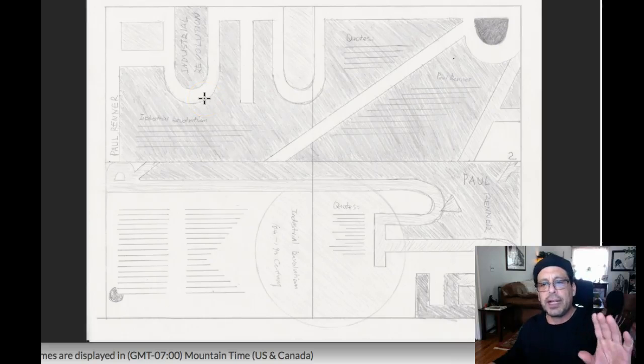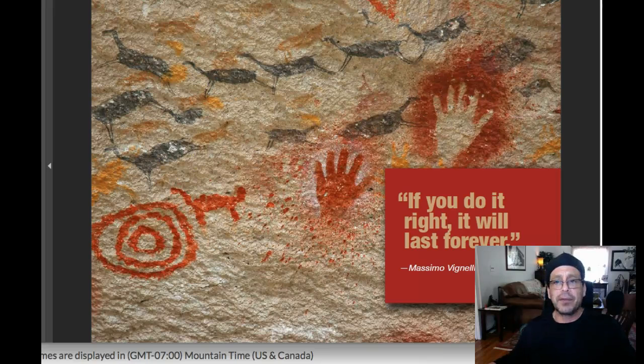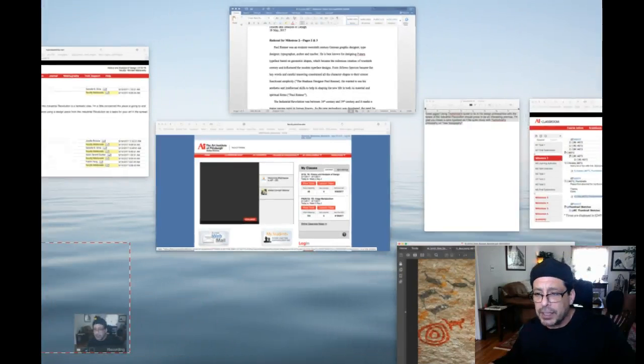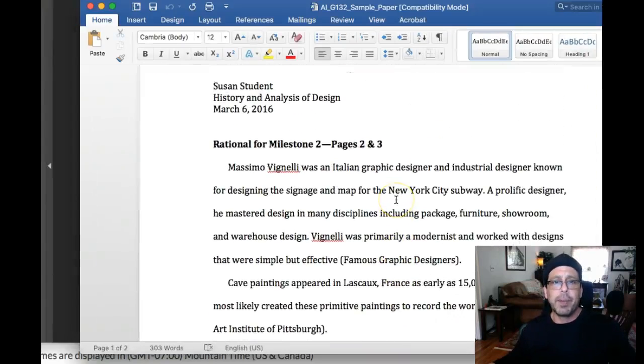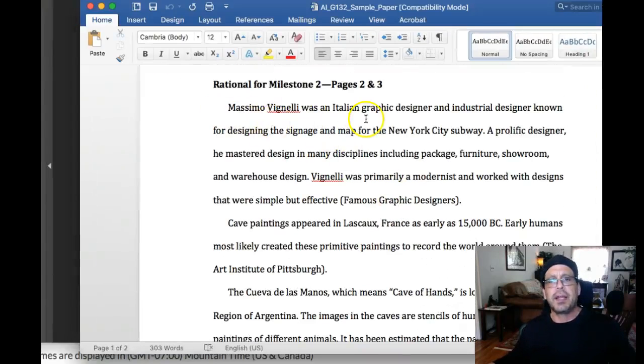Now, I'm using that as an example, but I want you to think about how closely these things really need to tie together. And to do that, what I'm going to do is show you the actual examples from class. Okay, and to do that, I want to get over here to the sample paper. So remember this from class. This student's is Massimo Vignelli. That's the designer.